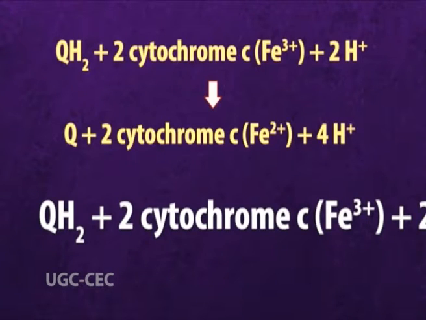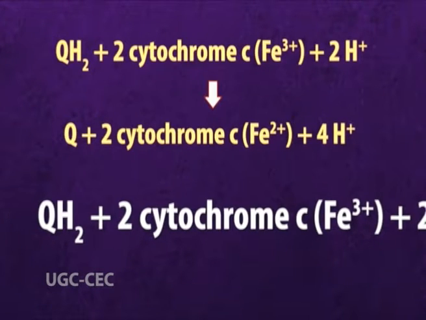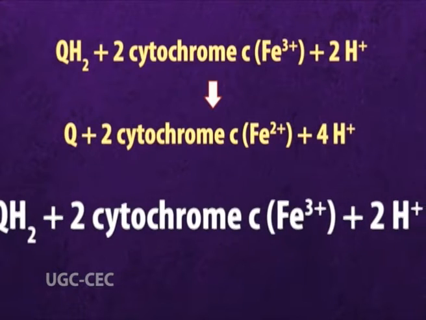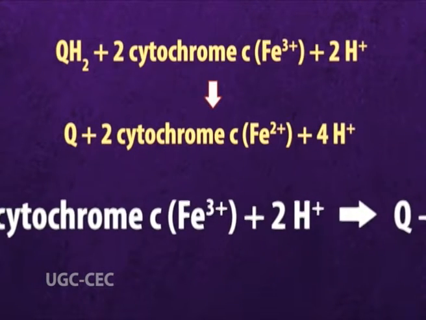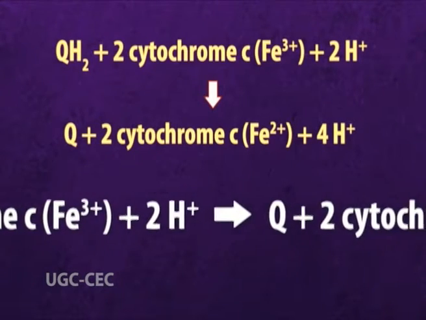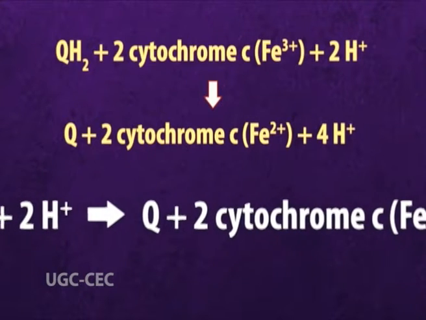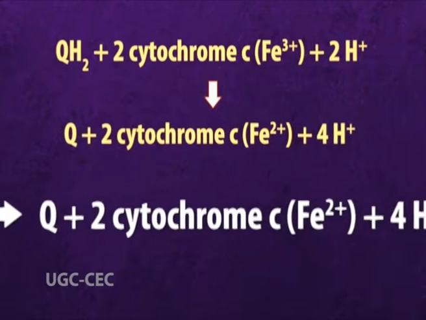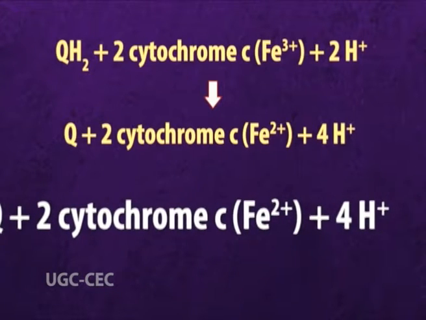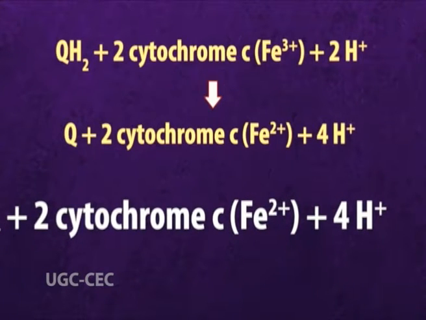Since cytochromes can only accept one electron, the 2 electrons from ubiquinol are transferred sequentially via the Q cycle. The net reaction is QH2 plus 2 cytochrome C Fe3+ plus 2H+ gives Q plus 2 cytochrome C Fe2+ plus 4H+.